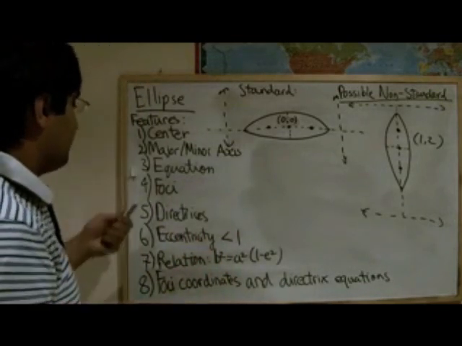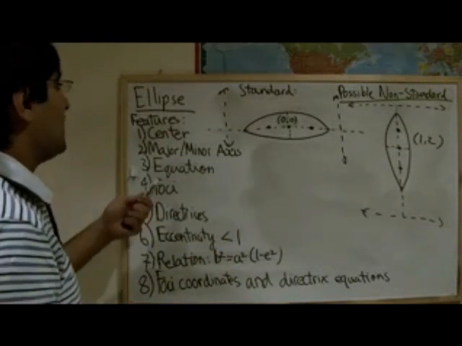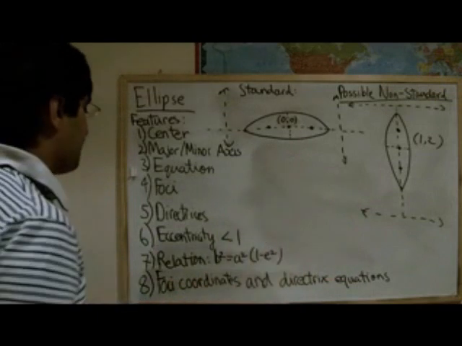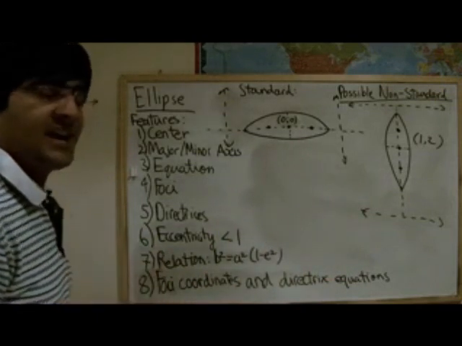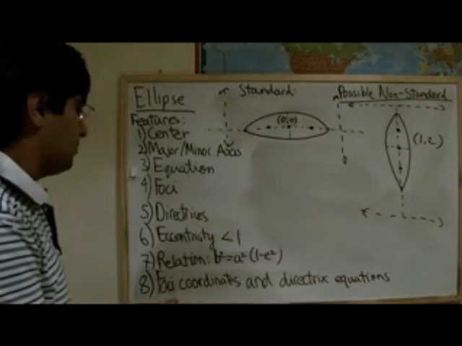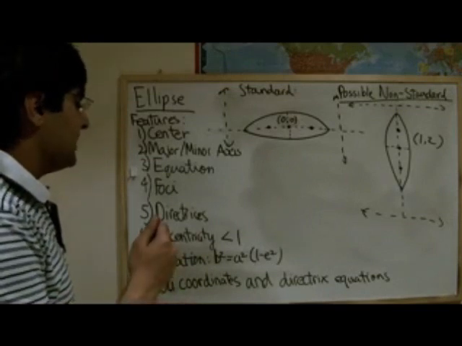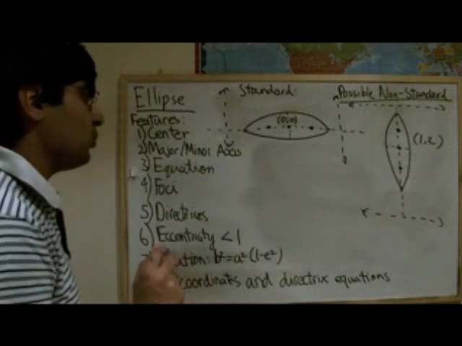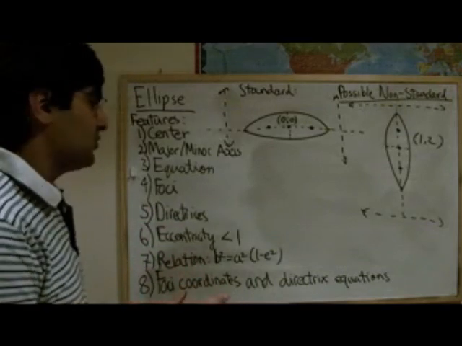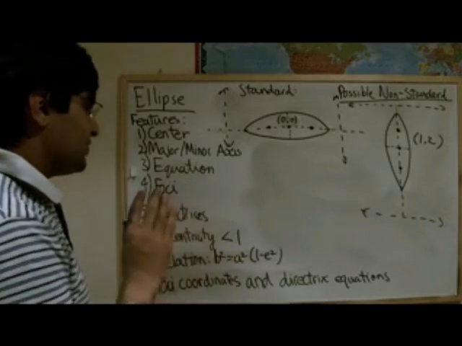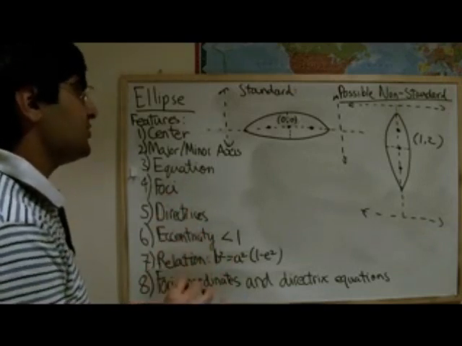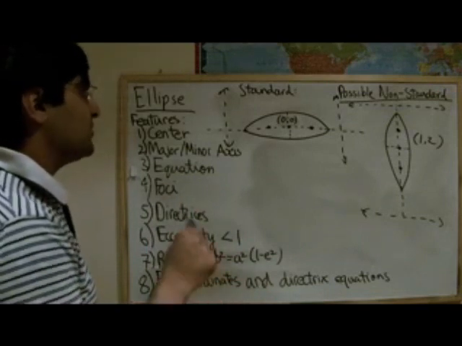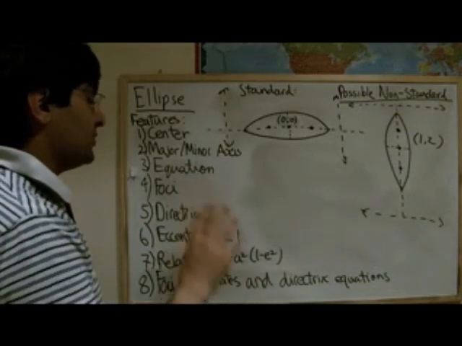So we've discussed these 5 features now, and we've contrasted how these features may differ between the standard and the non-standard ellipse. Feature number 6, eccentricity. We came across eccentricity when we were talking about parabolas, and we said the eccentricity of a parabola is always 1. But what is eccentricity? What does it refer to? Eccentricity is a constant ratio for any particular ellipse. Eccentricity refers to the ratio between two distances.